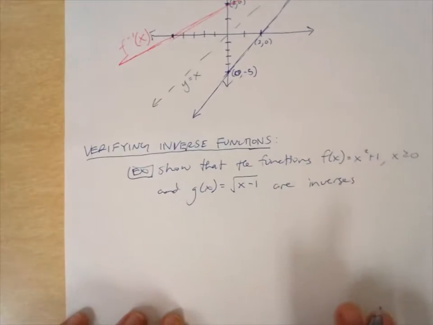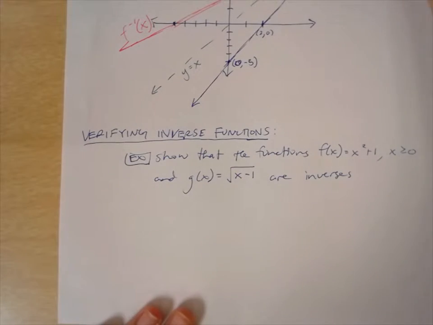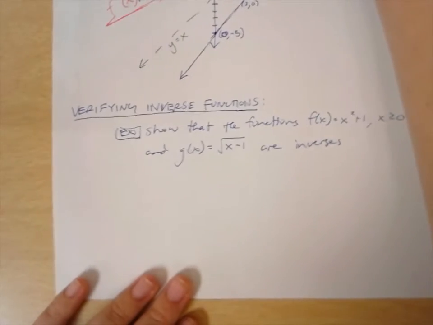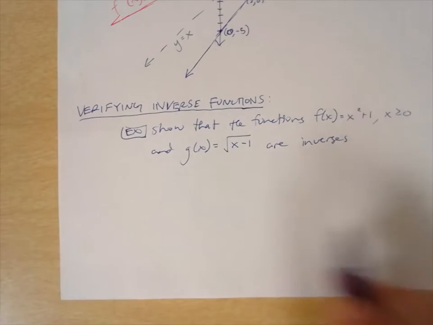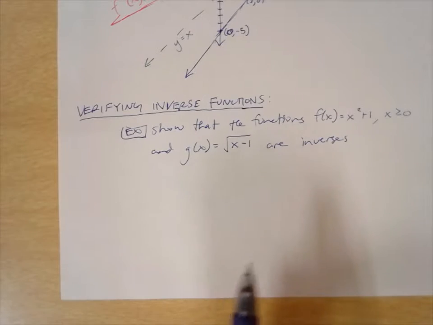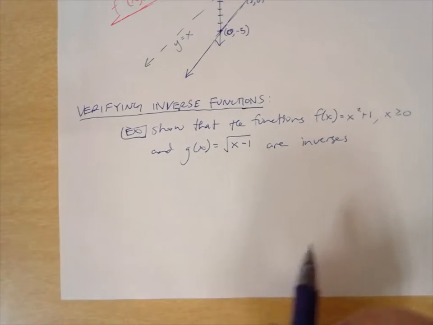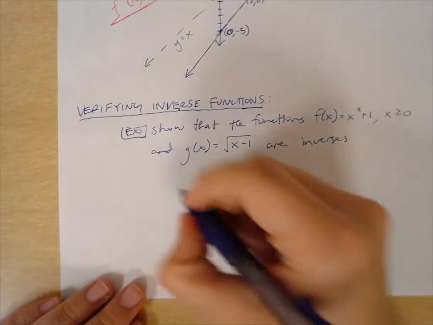So what we can do is we can use composite functions like we just went over in the last chapter. We can use composite functions to sort of undo each function and then determine if the g of x is an inverse of f of x and so on. So here's how we start that.